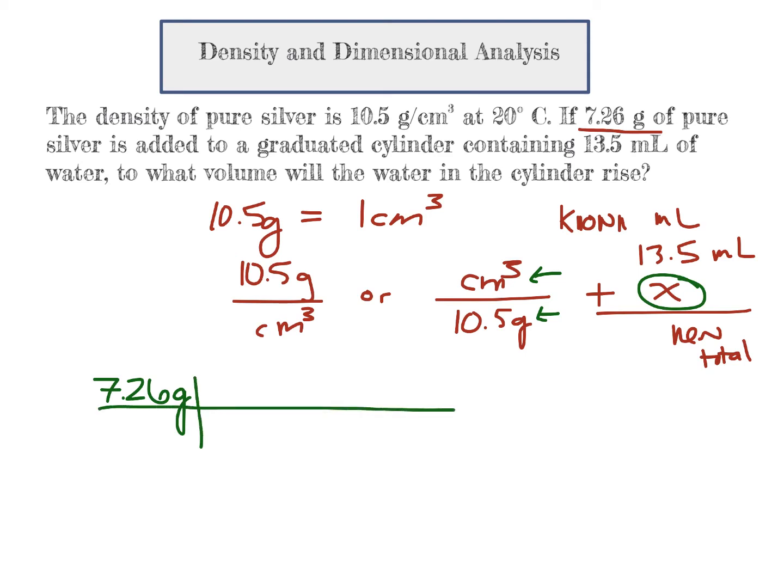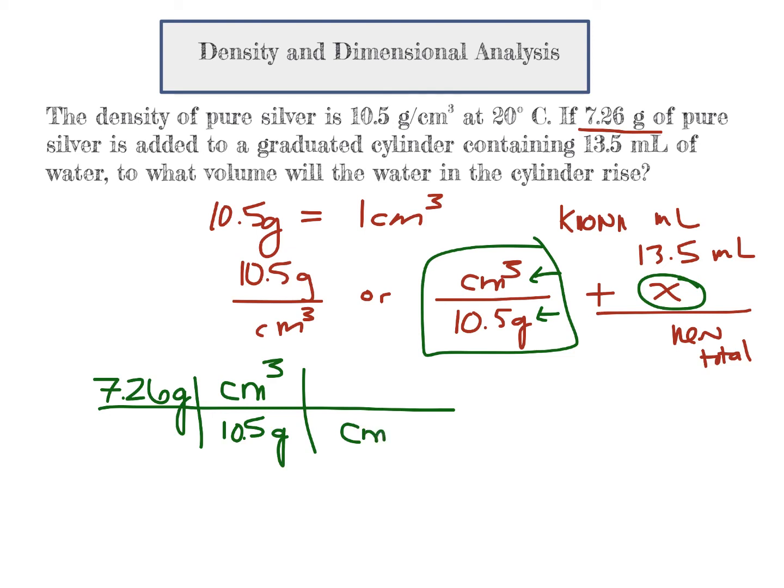I'm going to choose to use the second fraction because then my 10.5 grams is going to be on the bottom, canceling out my gram units. I'll put my centimeters cubed on the top. Then I need to check a formula sheet or a table of equations in the back of a textbook to double check that 1 centimeter cubed is actually the same thing as 1 milliliter.